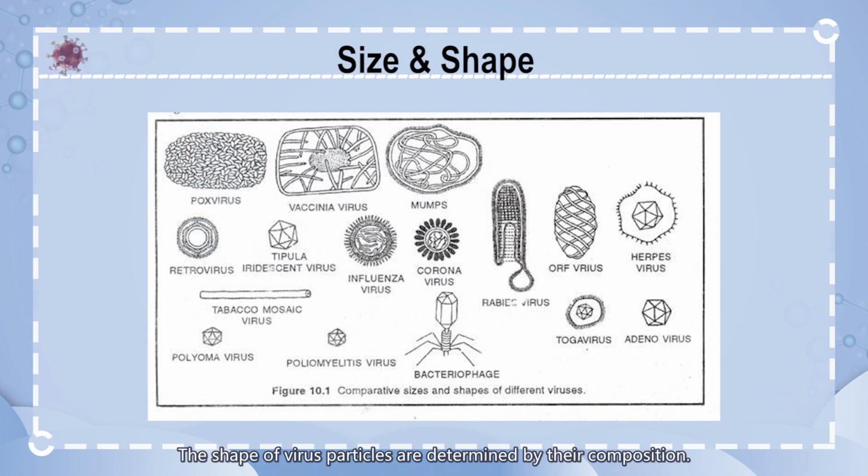The shape of virus particles is determined by their composition. Their shapes are frequently referred to in colloquial terms, for example, spheres, rods, bullets, or bricks. But in reality, they are complex structures of precise geometric symmetry. Most viruses that infect humans are spherical.